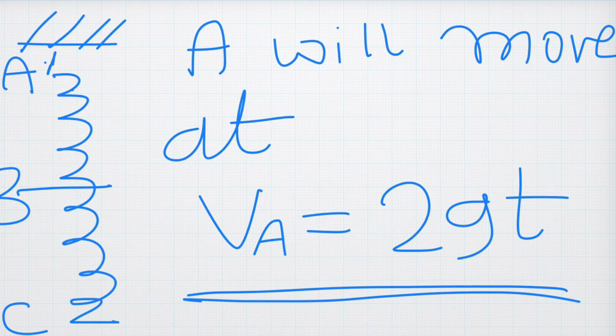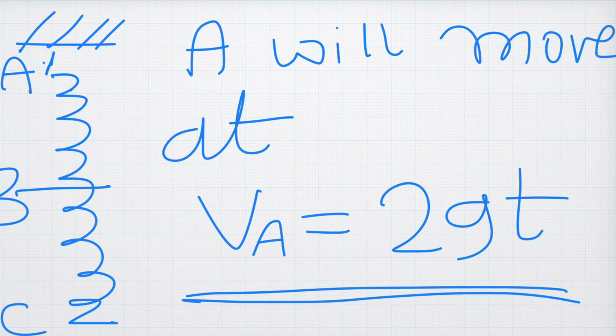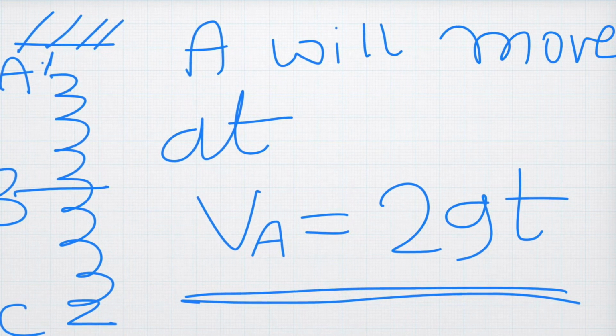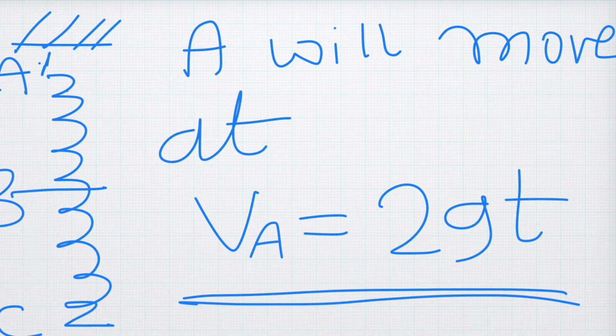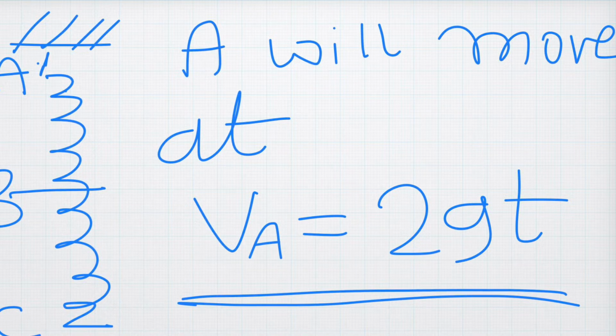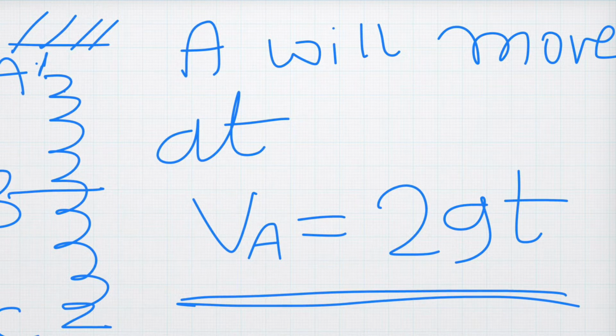Try to understand this particular point. When the midpoint is moving at gt, the other extreme end point has to move at twice that of gt, so that the point B is always the midpoint.